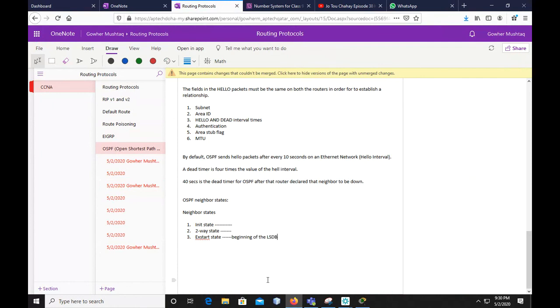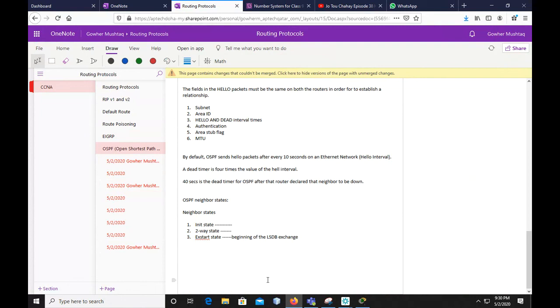What do you mean by LSDB? It is link state database exchange. First, I told you it's routing. Our routers in the routing network will share the entire network topology. So in the network topology, we have the LSDB, which is the link state database.